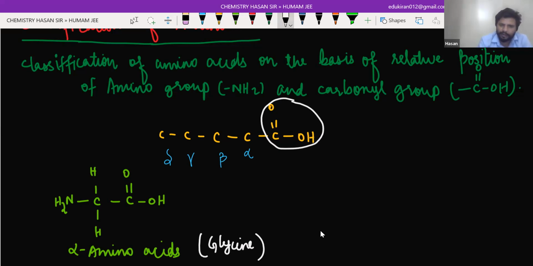For glycine the three letter code we write is GLY, and the one letter code is capital G. Everything is present in the NCERT table 14 point. Is that clear?